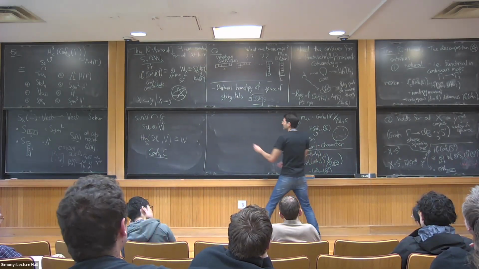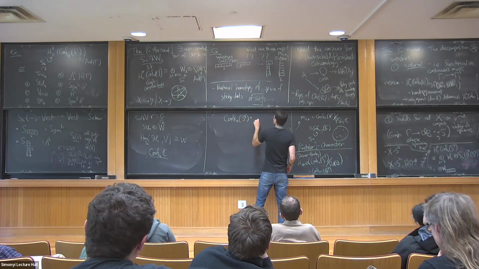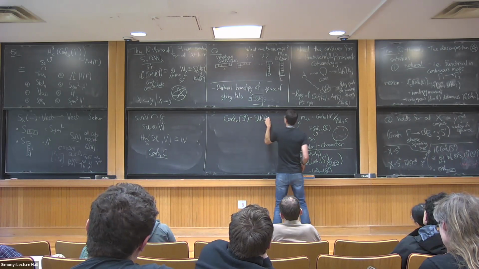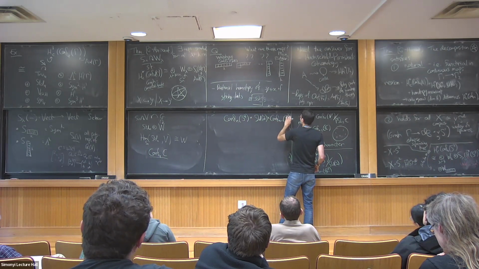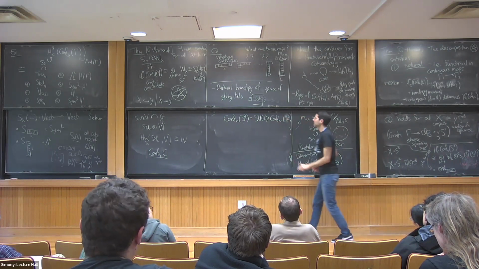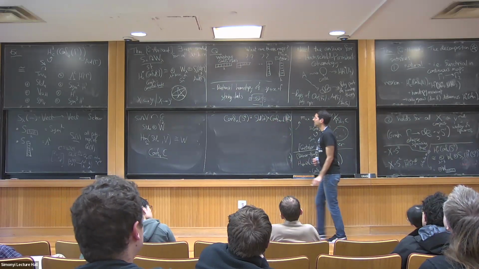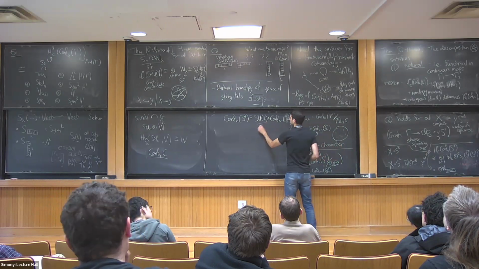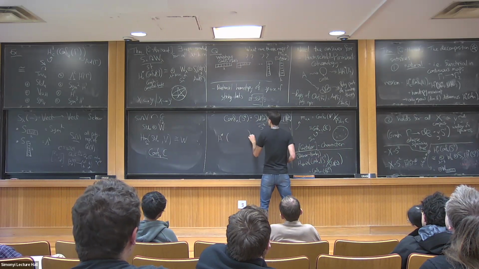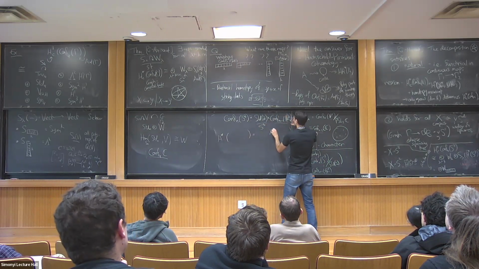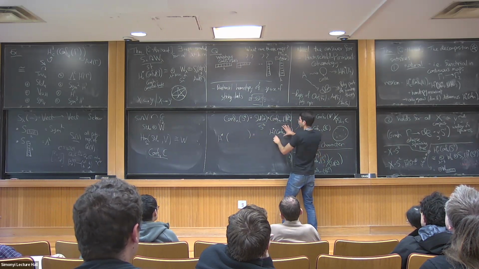This is not necessarily something everybody needs to see, but this is because SU2 acts transitively. You have a homeomorphism like this. And this is a 3-sphere. So you get that the cohomology of this side is just the cohomology of this side, but repeated twice.